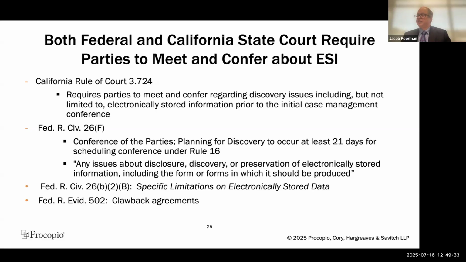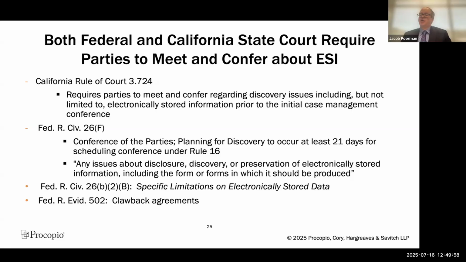Under Rule 502(d), the parties may agree that the disclosure of attorney-client privileged information or attorney work product is not a waiver of the privilege or protection. This type of agreement, which is commonly referred to as a clawback agreement, is binding only on the parties unless the court enters an order to the same effect. Typically, parties will negotiate a clawback agreement as part of a protective order.